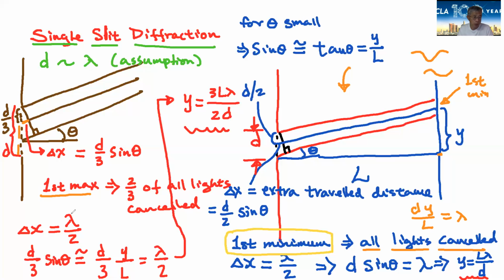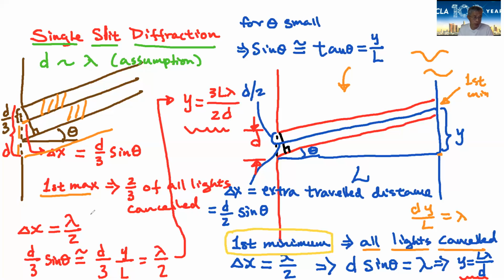That makes some cancellation occur: this 1/3 will cancel this 1/3, leaving another 1/3. So two-thirds of all the light will cancel, and you have 1/3 left. We call that the first maximum.